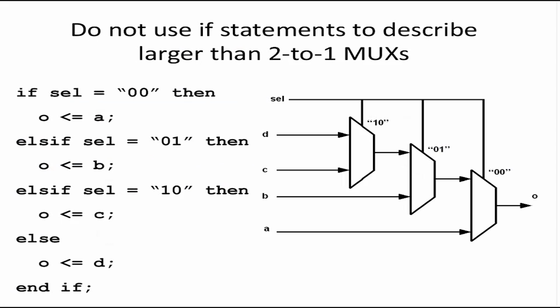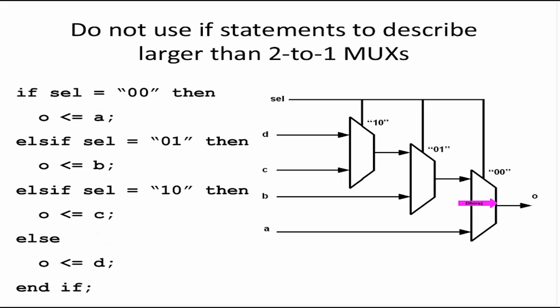One caution though, is that it is not recommended to use if statements to describe muxes larger than 2 to 1, because Design Compiler, in most cases, will synthesize a priority kind of structure. What does this mean? Let's say you have code like this: if select is equal to 00, output is A; if select is equal to 01, output is B. The tool knows it will first evaluate if select is equal to 00, and give A to the output.